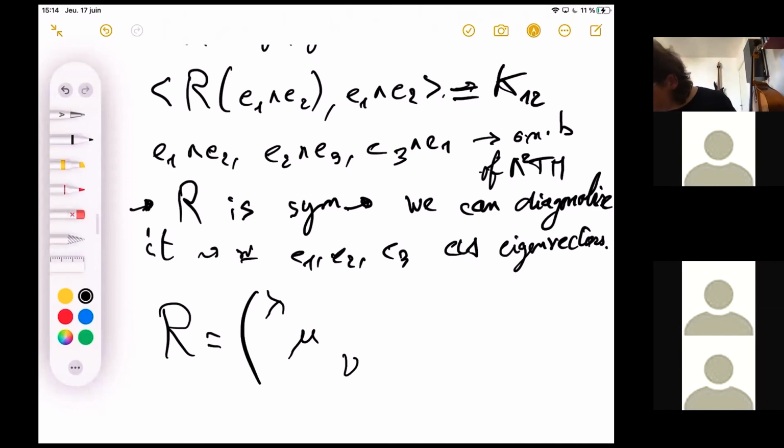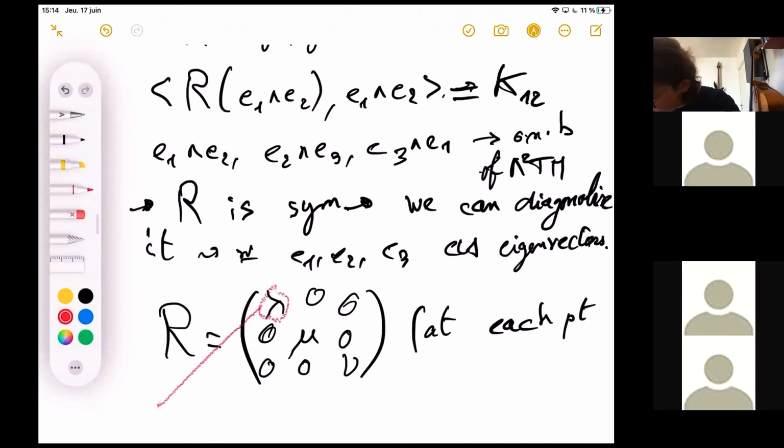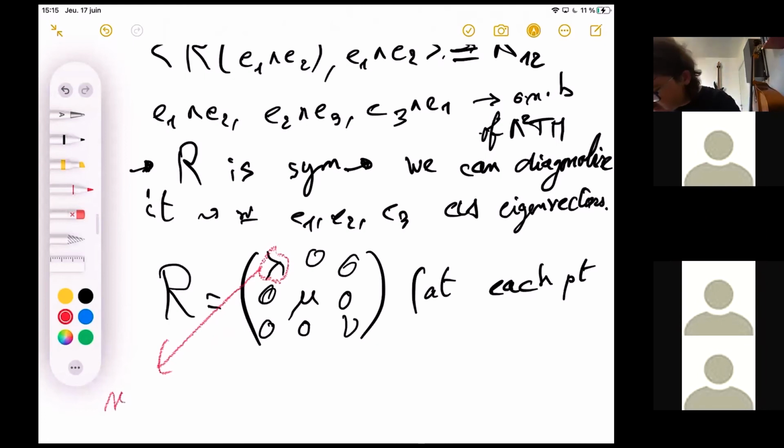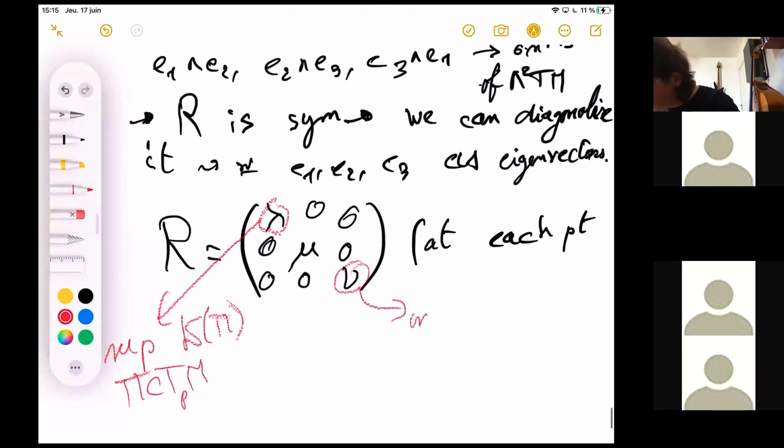At each point, you can assume, for instance, that lambda should be the sup over all planes pi in T_pM of the sectional curvature of pi, and nu should be the minimum.